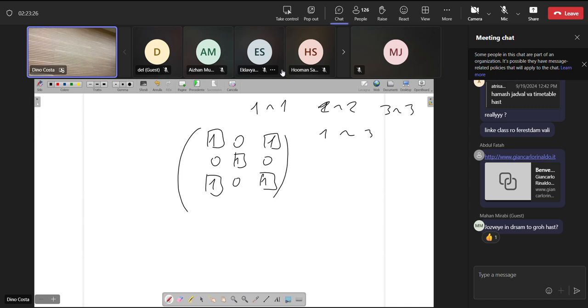There is only one even number, that is 2, and the other, 1 and 3, are related. And this we already know from the previous lecture, it is an equivalence relation. Okay? But we can do a much bigger example.